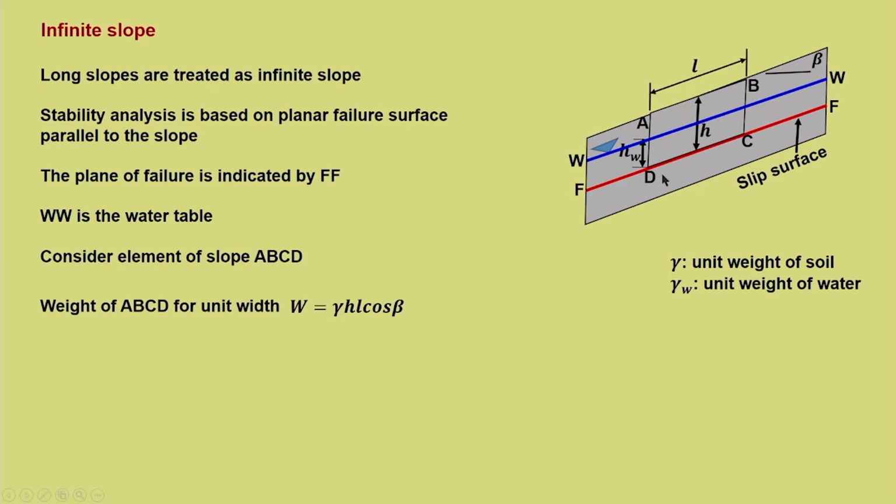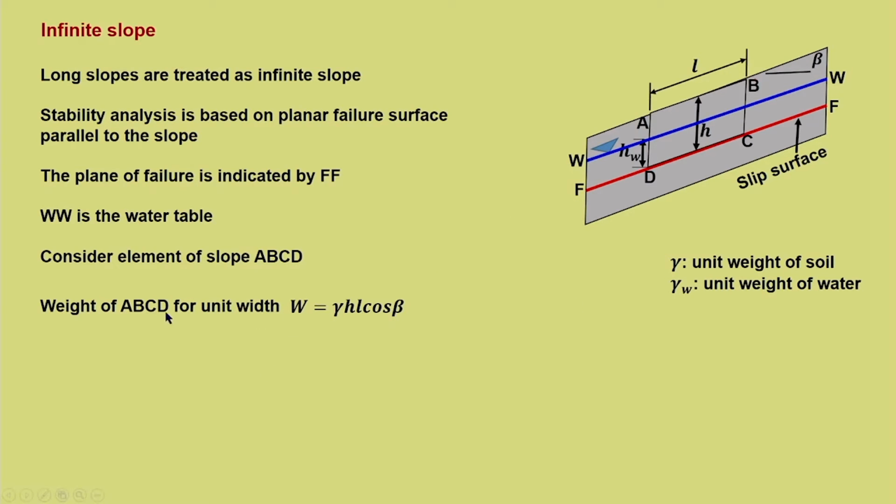Now, if you want to find out the weight of ABCD, this particular element ABCD is nothing but a parallelogram, and hence the ABCD area multiplied by 1, that is perpendicular to this particular plane, will give you the volume. So, this is the weight of ABCD for unit width, which is the unit width in the direction perpendicular to this plane.